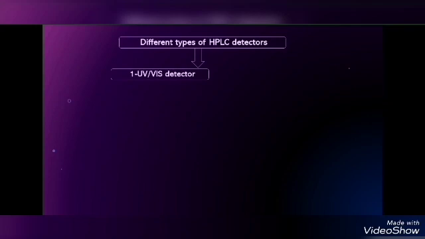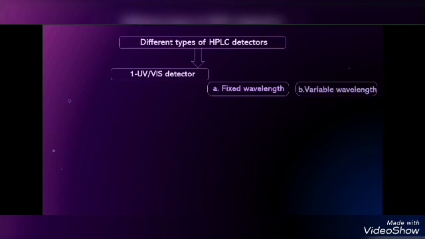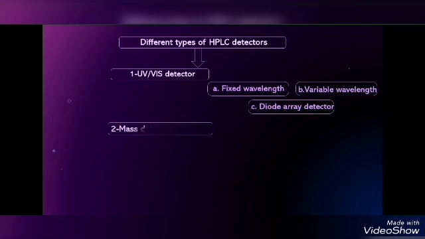Different types of HPLC detectors. 1. UV-visible detector: A. Fixed wavelength, B. Variable wavelength, C. Diode array detector. 2.